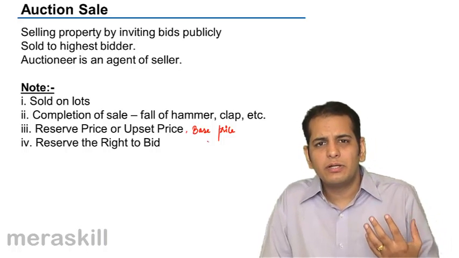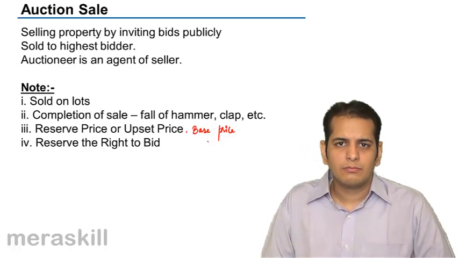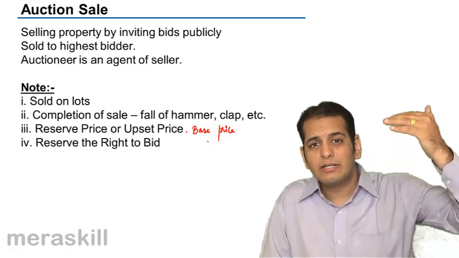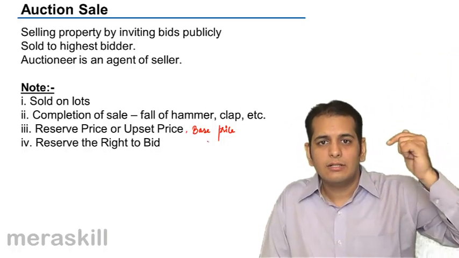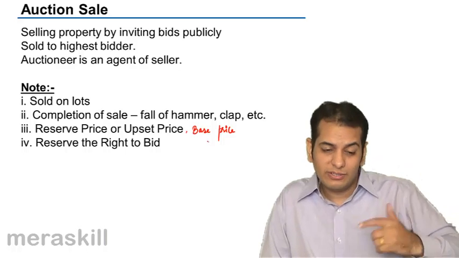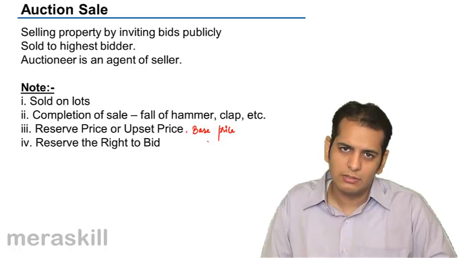Sellers normally do it to increase the price, so that the next bid comes at a higher price. But if they are bidding themselves, or their agent is bidding, then they'll have to disclose this fact amongst the bidders.